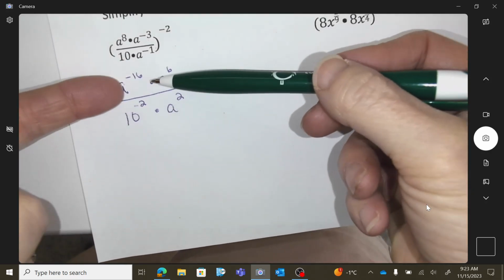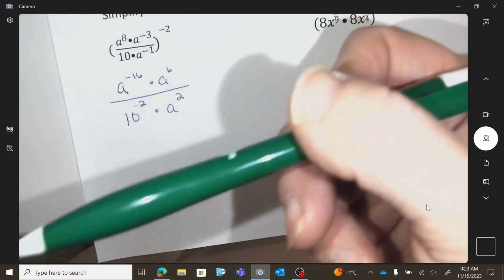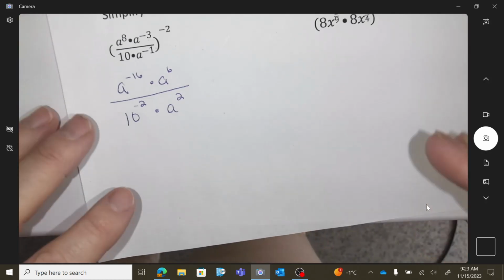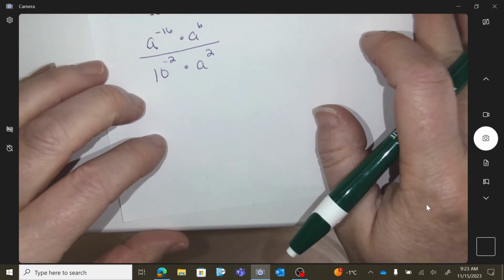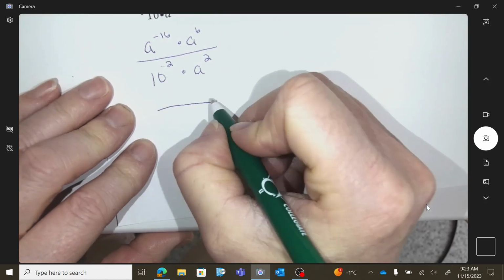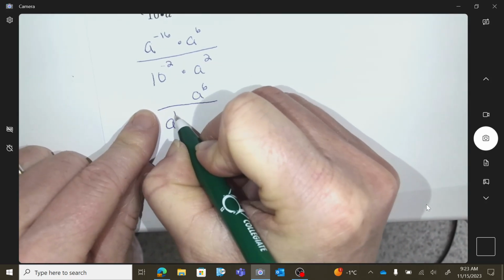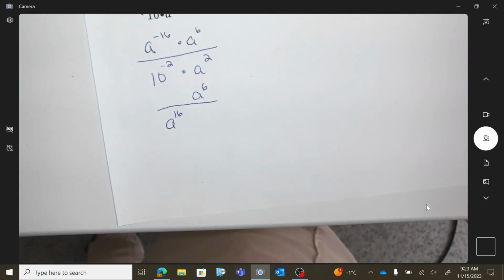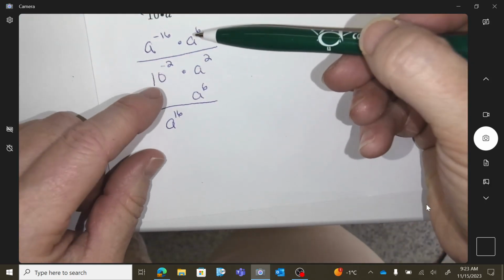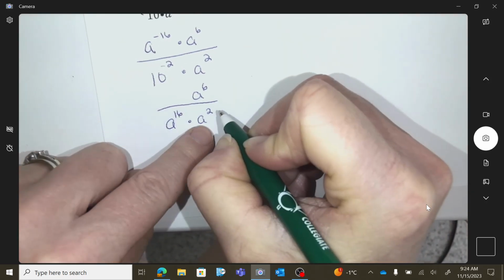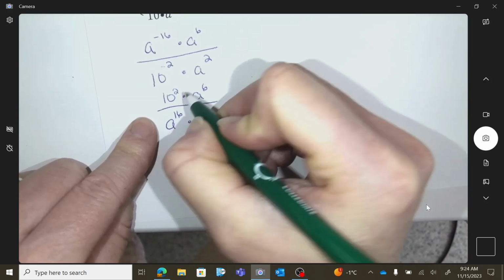Or do you want to do the combinations of the A's together with the rules? You can do them in any steps. Flip the negatives. So I don't want to look at negative exponents anymore. So A to the 6 would stay on the top, and an A to the 16 would move. Stay, move. That would have to stay, and that would have to move.